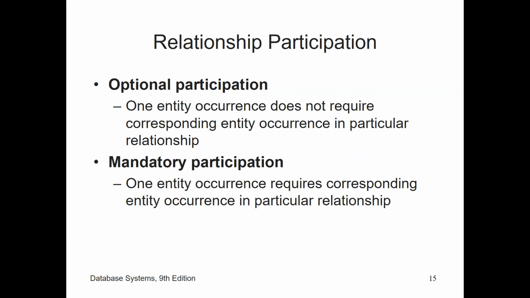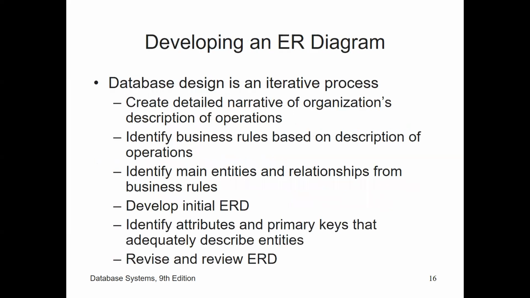Participation in an entity relationship is either optional or mandatory. Optional participation means that one entity occurrence does not require a corresponding entity occurrence in a particular relationship. Mandatory participation means that one entity occurrence requires a corresponding entity occurrence in a particular relationship.